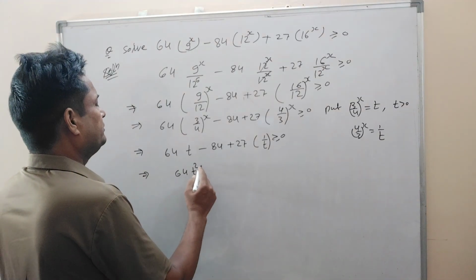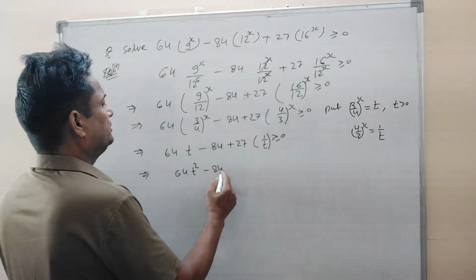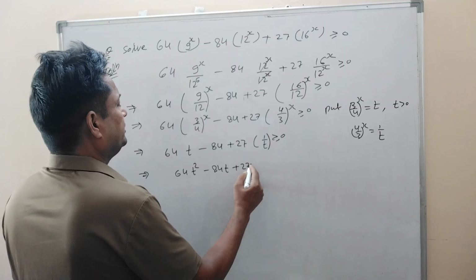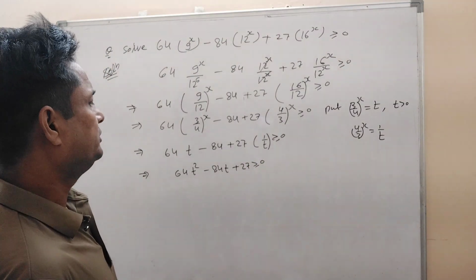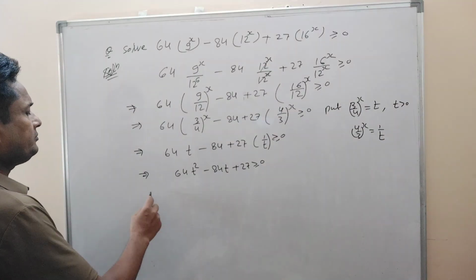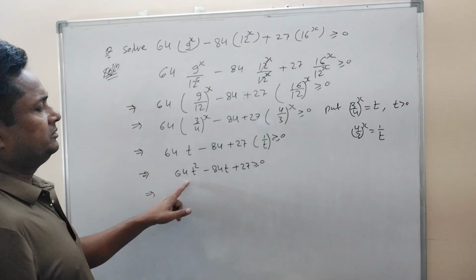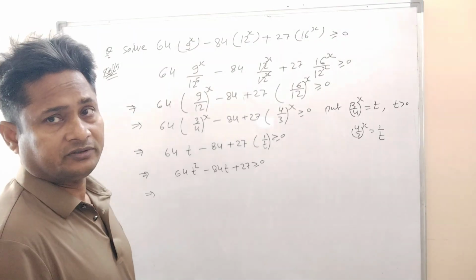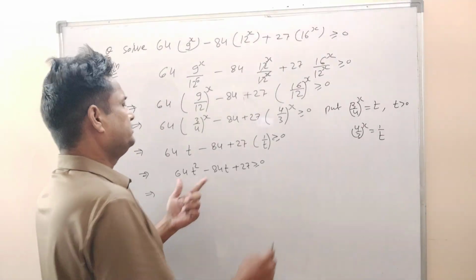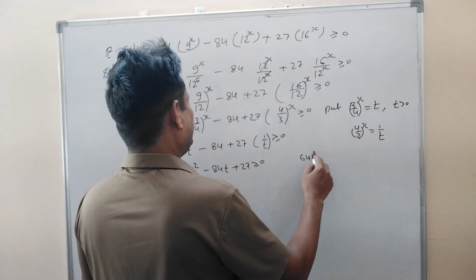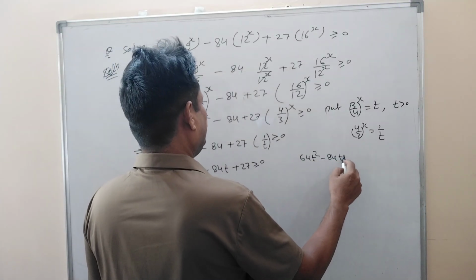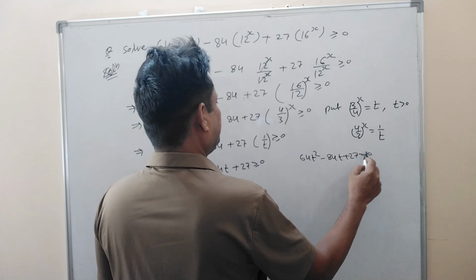So this will be 64 times t square minus 84 times t plus 27 greater than or equal to 0. Now find out the roots of this equation first. So what will be the roots of this equation? 64t square minus 84t plus 27 is equal to 0.